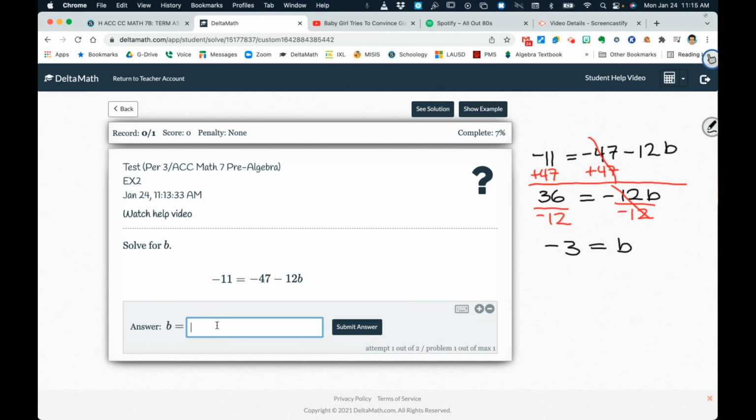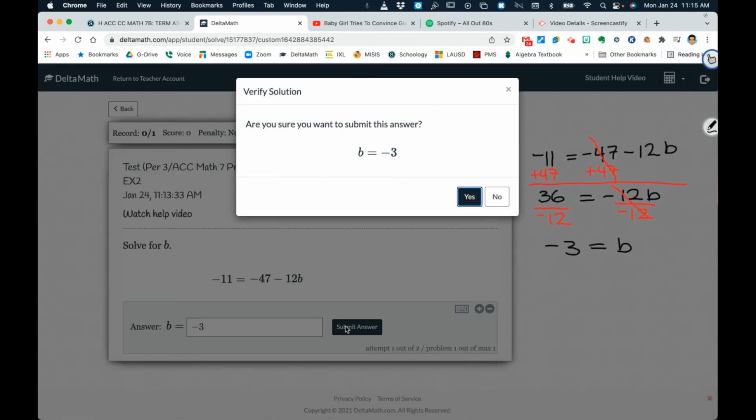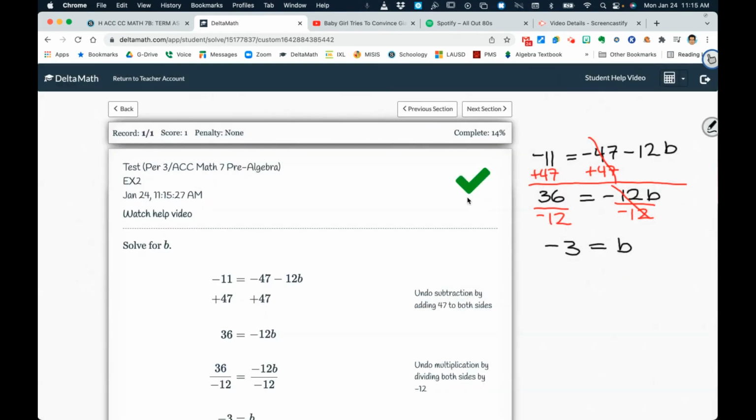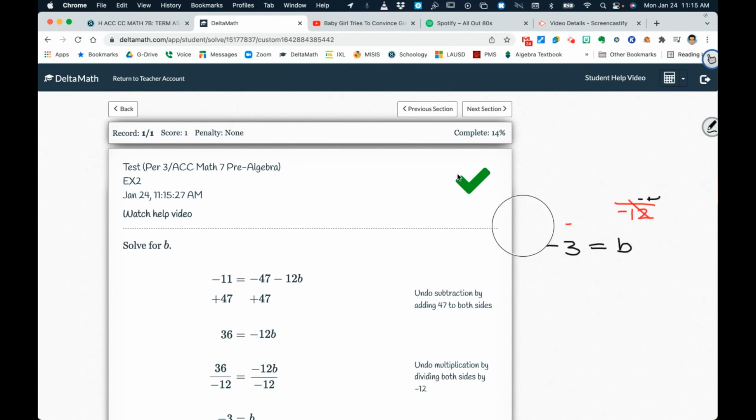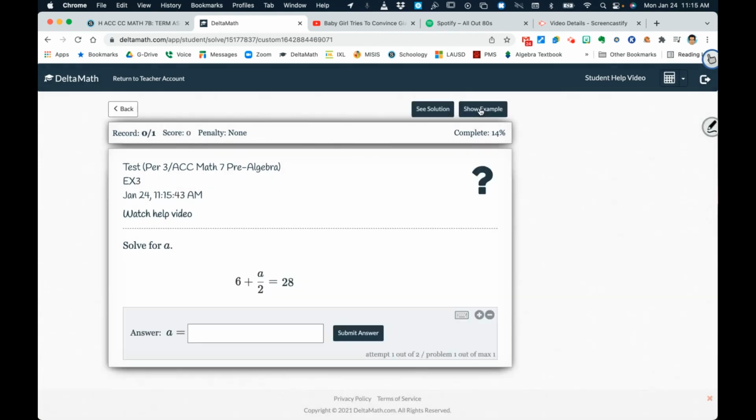So over here, we want a negative 3. All right, so the answer to the second one is negative 3. Let's try number 3.